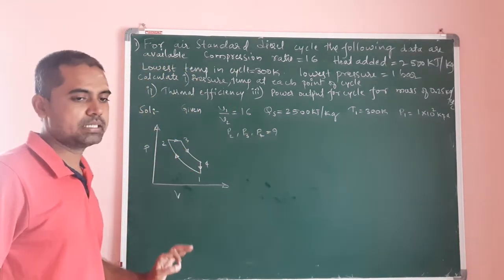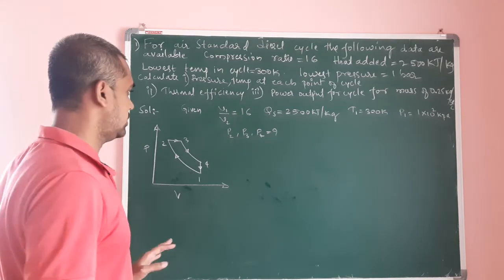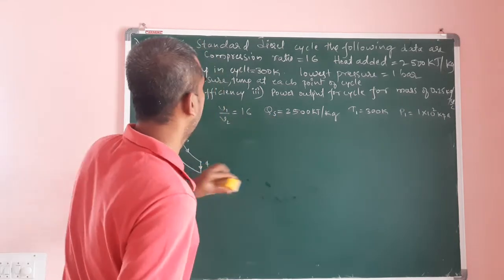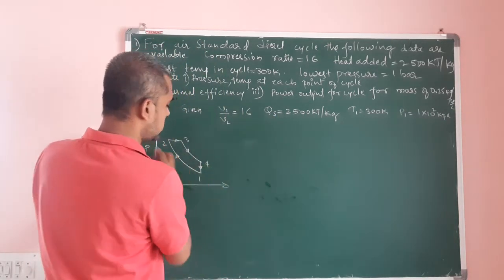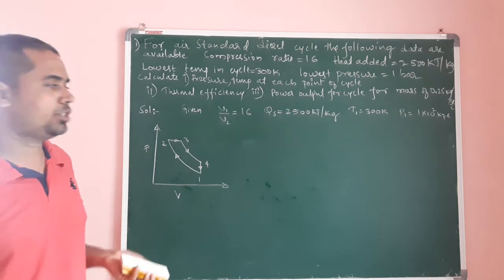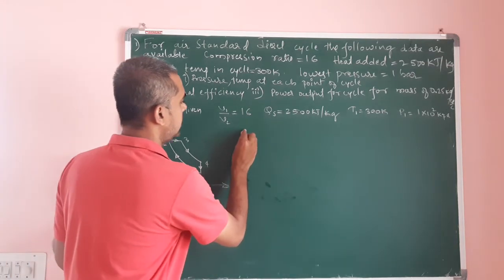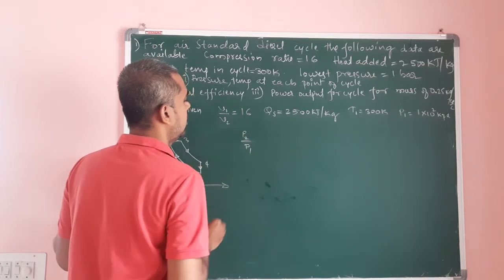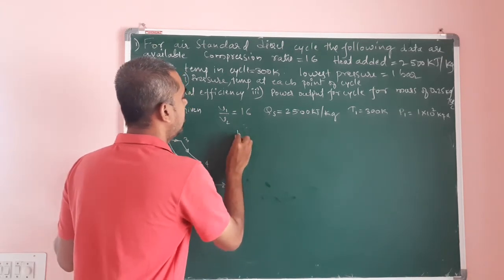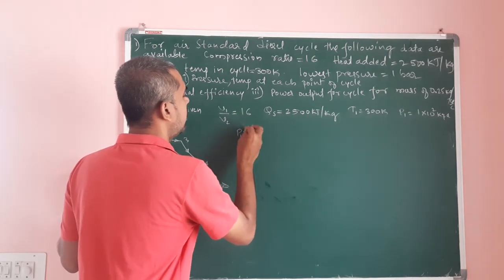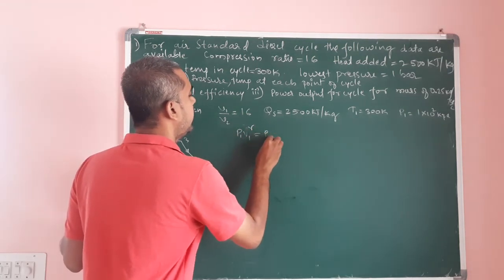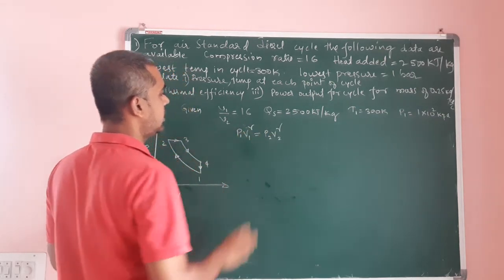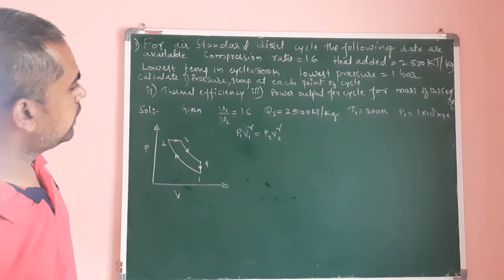You should know the basics, that is, the PVT relations. Okay. For the process 1 to 2, which is an isentropic compression process, P2 by P1 or P1 raised to gamma is equal to P2 raised to gamma.